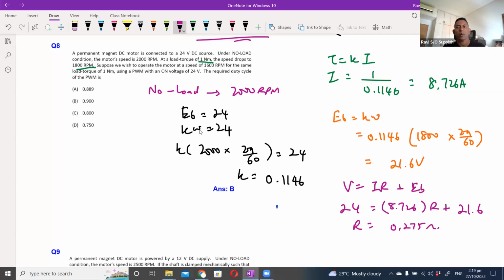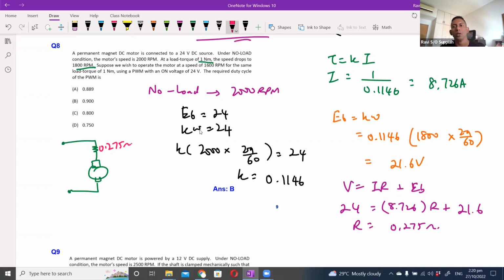Now we have all these parameters, correct? If I were to draw it now, I have your source, your resistor, and your motor here, and we already know that the resistance is 0.275 ohm. And now what is the last part? Suppose we wish to operate the motor at the speed of 1600 RPM for the same load torque.